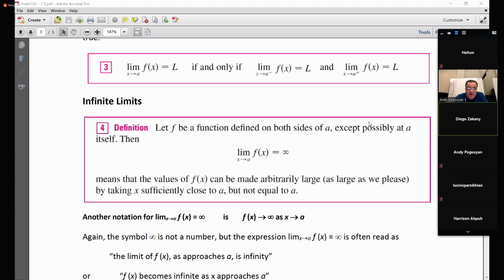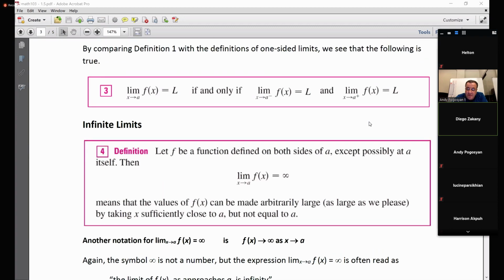Yes. So it says limit as x approaches a minus, is that approaching from the left? Yes. That means x is less than a. And then the plus one, limit as x approaches a plus, means approaching from the right. Correct.